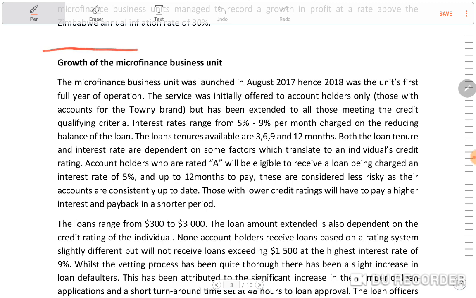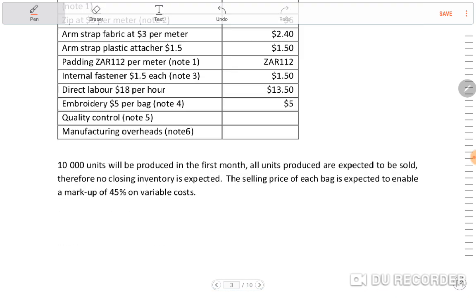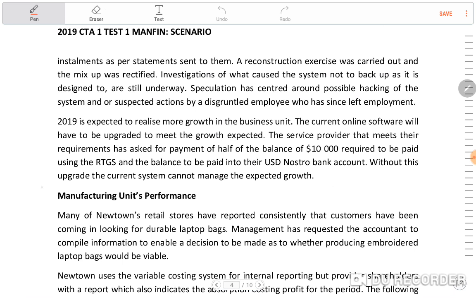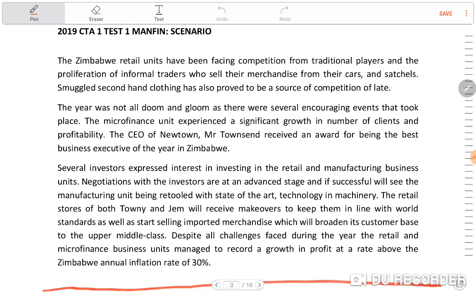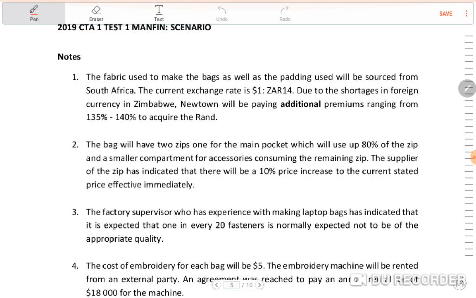So this is the specific section where we are going to obtain our information from, right up to this space. So using the information there, we were supposed to identify key business risks.